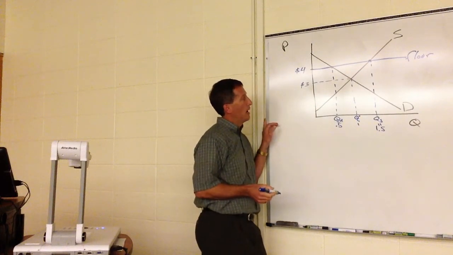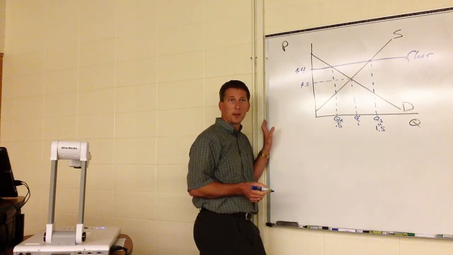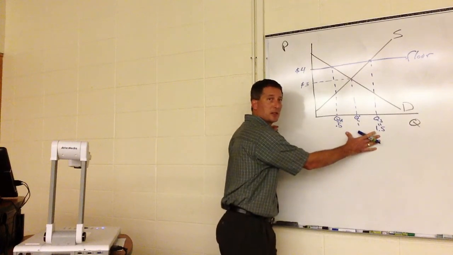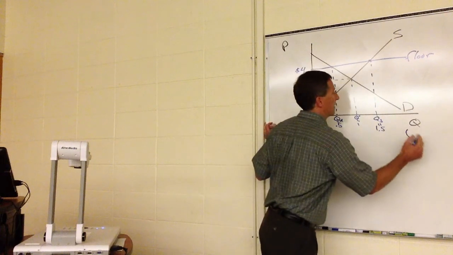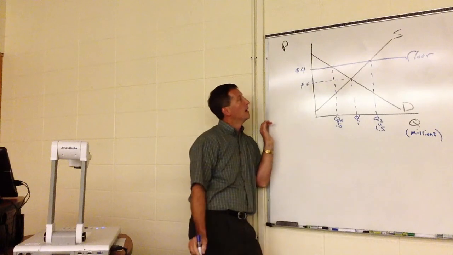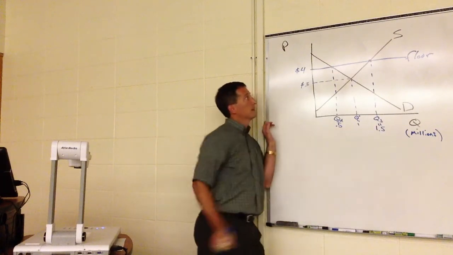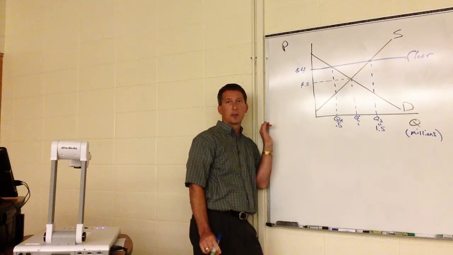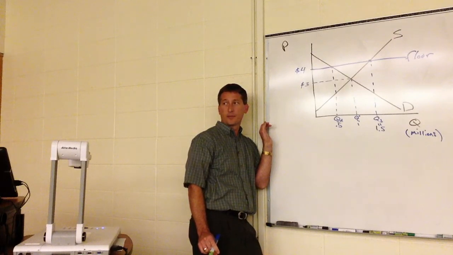Okay, so how much is the government spending on the program? I assume this is measured in millions or something, or thousands? So there's 1 million units of beef. How much are they spending? What's total government spending? $1 million? How much are they paying for it?